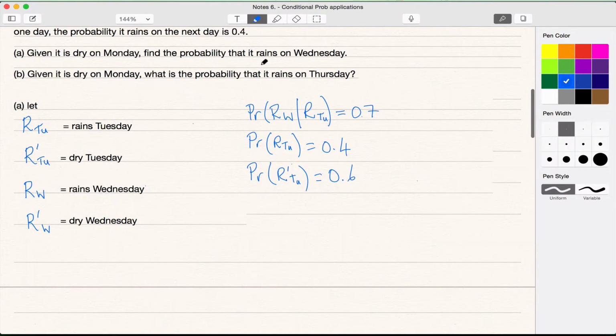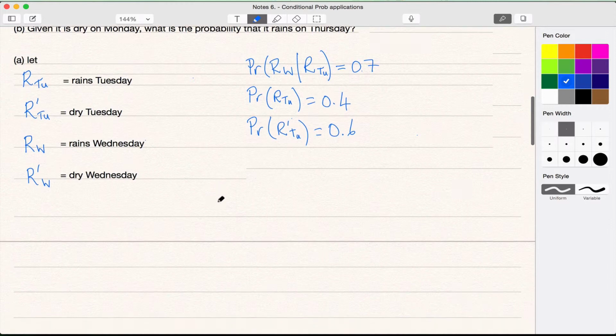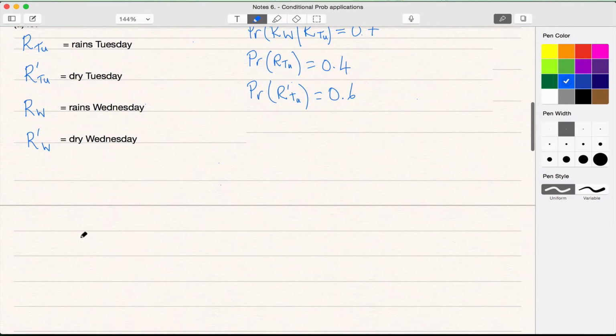We're trying to find the probability that it rains, given that it's dry on Monday, what's the probability that it rains on Wednesday? So we're trying to find the probability that it rains on Wednesday. Now we can use our law of total probability to help us with this.